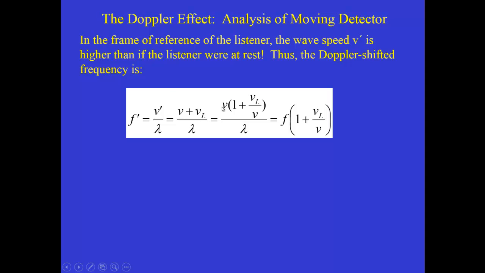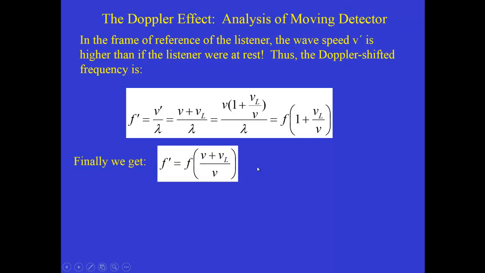So factoring out a v term from the numerator gives us the quantity 1 plus vl over v. V divided by lambda is nothing more than the original frequency, and then in brackets we have 1 plus vl over v. So if we rationalize this over a common denominator, we get a simple expression.